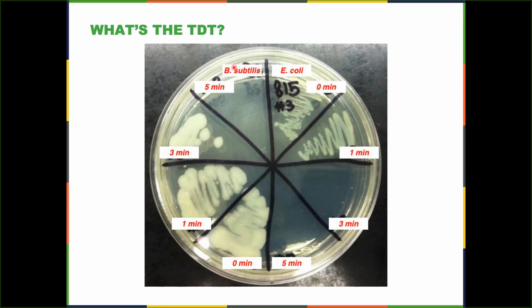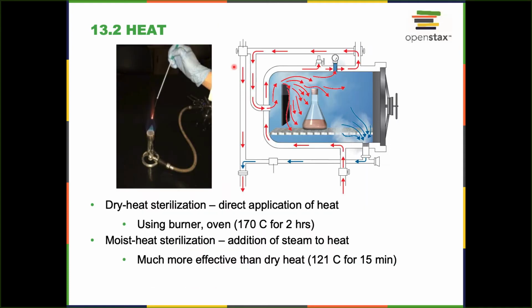Good? All right. So let's talk about types of heat. It turns out there are different ways that we can apply heat. Maybe the easiest is something called dry heat. We just pretty much burn it, stick it in the fire. In this case, we have a loop. This inoculating loop is used to transfer bacteria from one thing to another. By sticking it in the fire, getting this extreme orange glow, we destroy the microbes in there.